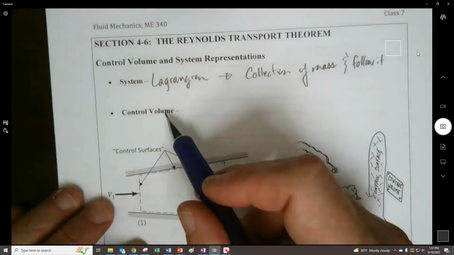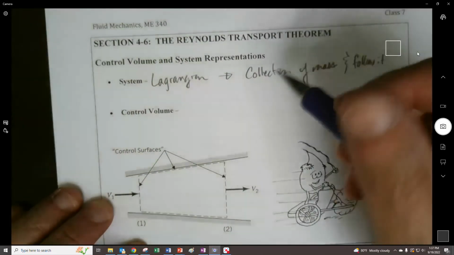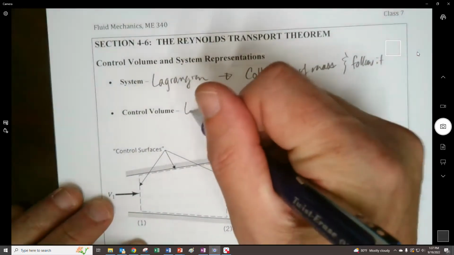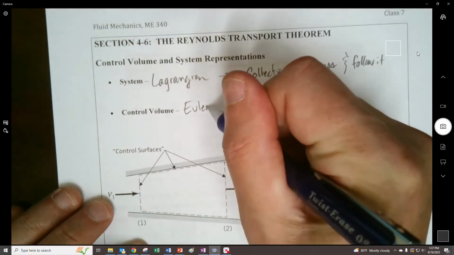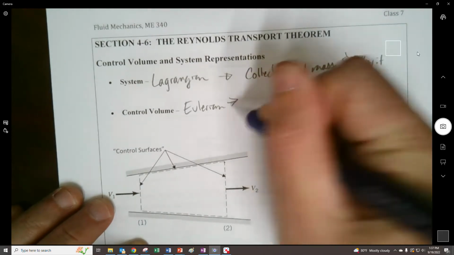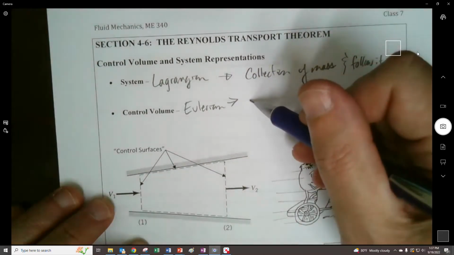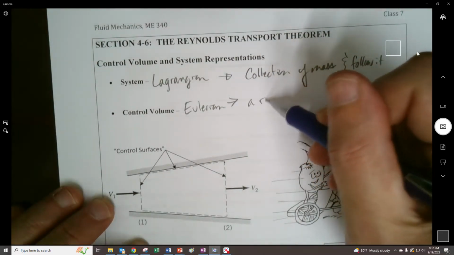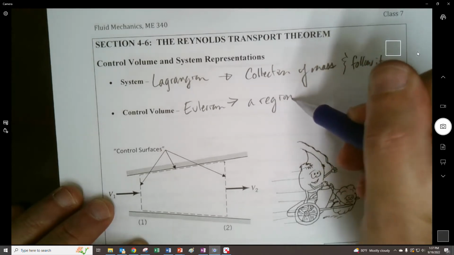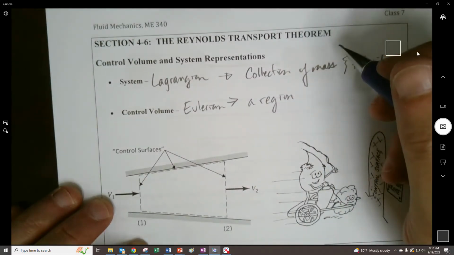But the control volume perspective, which is what we prefer in fluids, is Eulerian. We focus on a region instead, and we watch as stuff flows through it.